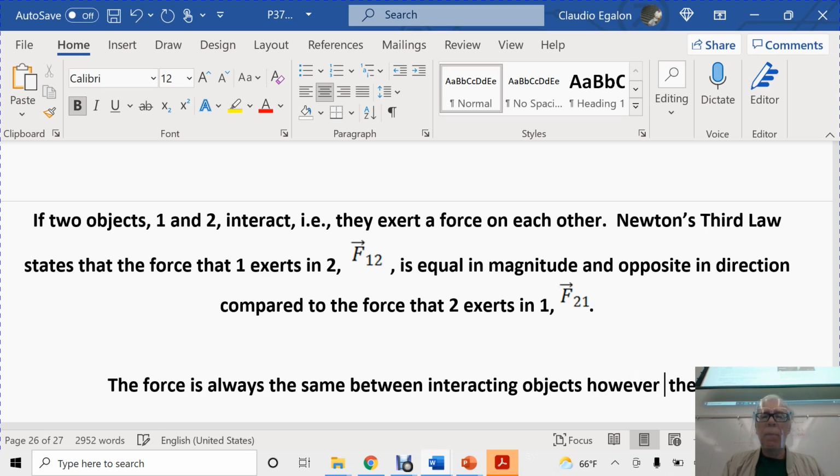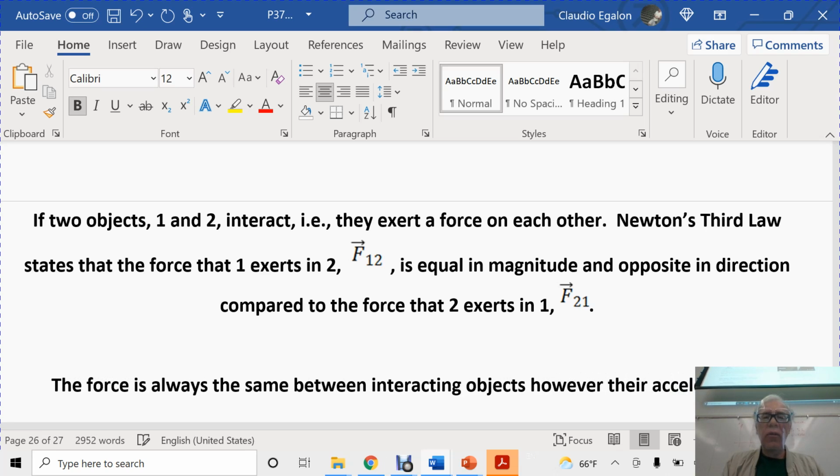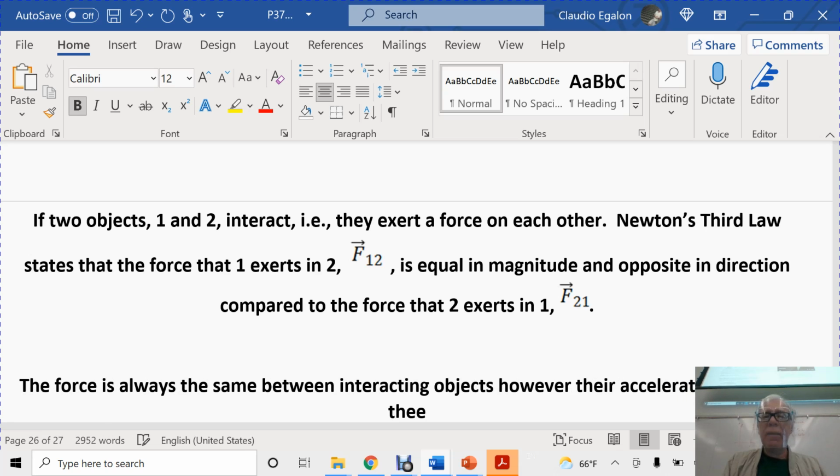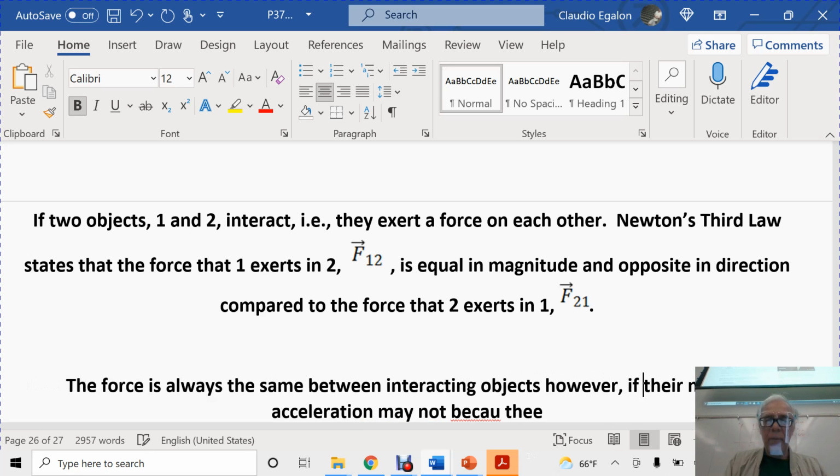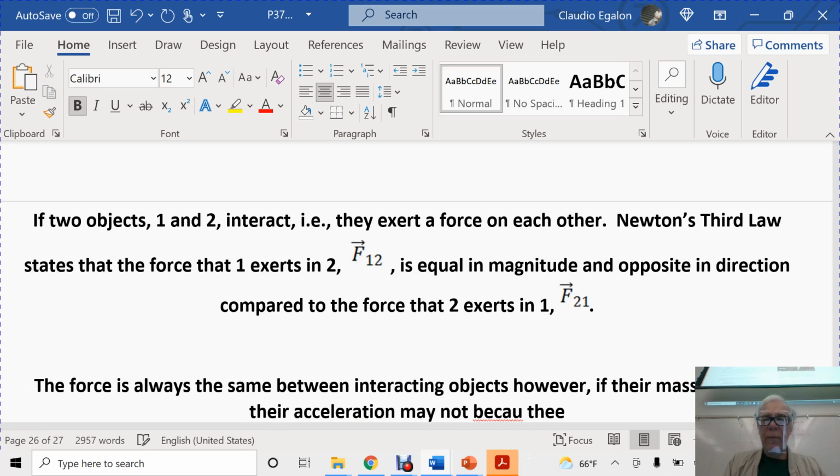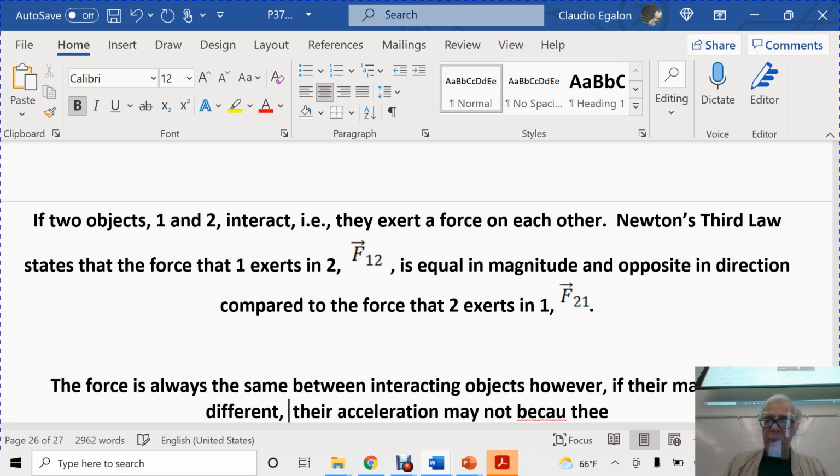However, their accelerations may not be, if their masses are different.